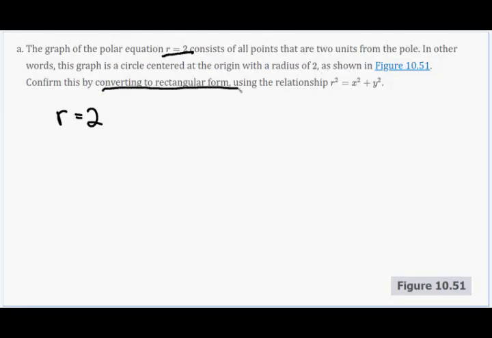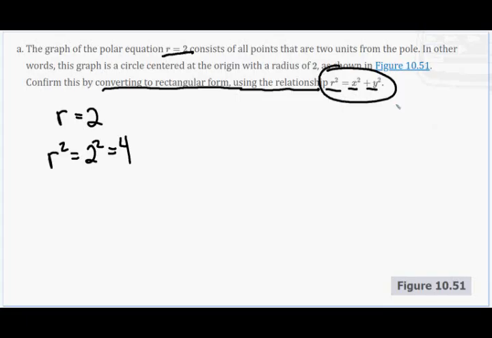Confirm this by converting to rectangular form and then using the relationship. Here's our old circle equation: x squared plus y squared equals the radius squared. So if r is equal to 2, then r squared would equal 2 squared, also known as 4. And then we know that x squared plus y squared is equal to r squared.